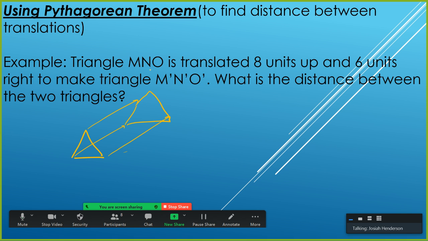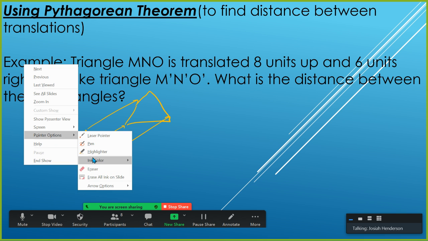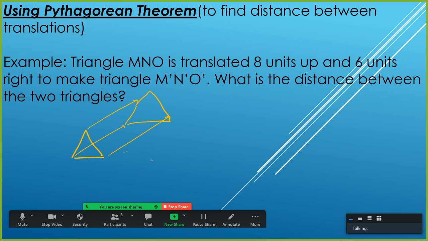Let me change my color here. Triangle MNO is translated up 8 and 6 to the right to make triangle M prime, N prime, O prime. What is the distance between the two triangles? And we don't have any points given. They're just asking us how long is it?